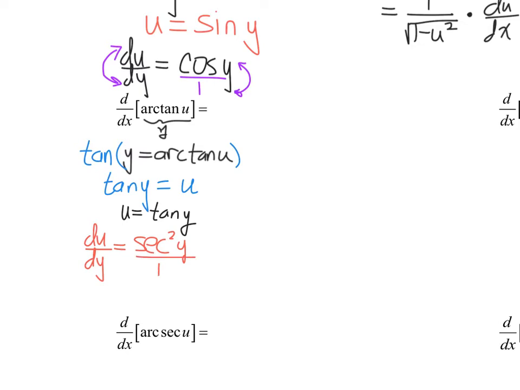It's over 1 because we're going to do that reciprocal magic and get dy du equals, well, if I take the reciprocal of secant squared, I get 1 over secant squared, but that's the same as saying cosine squared.